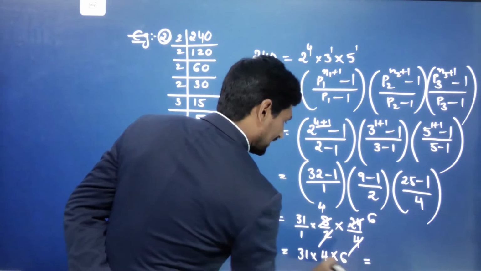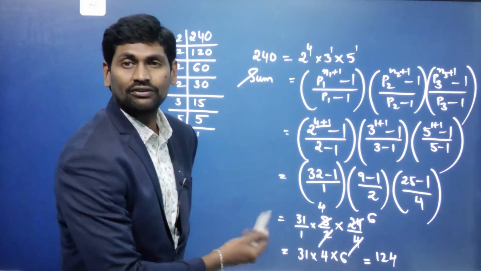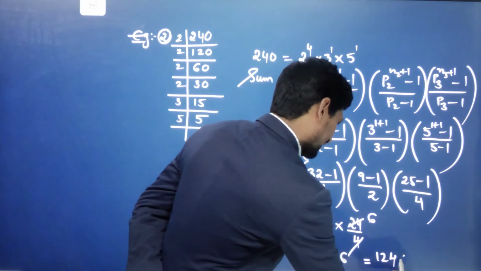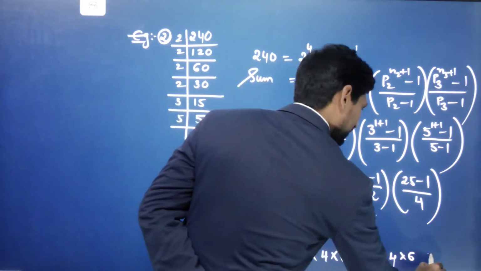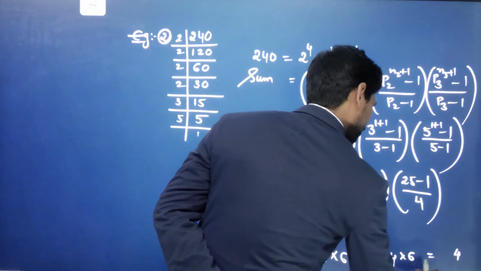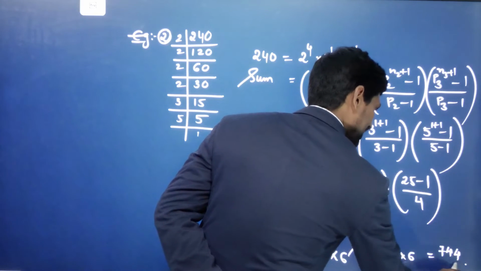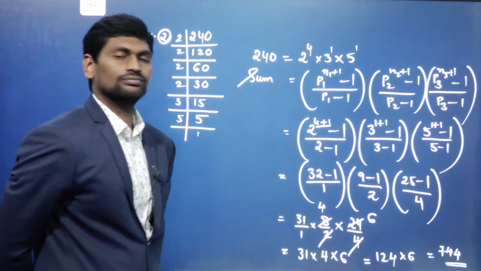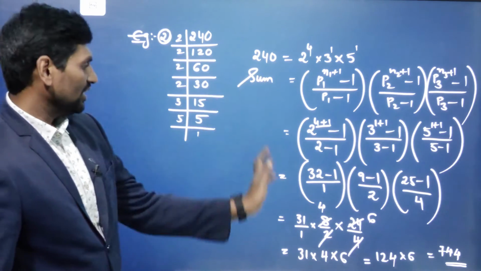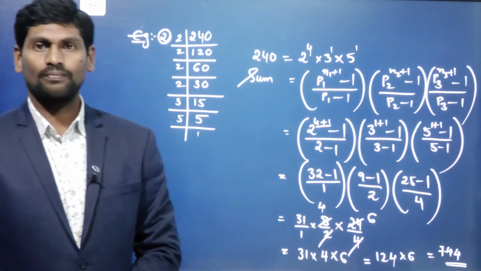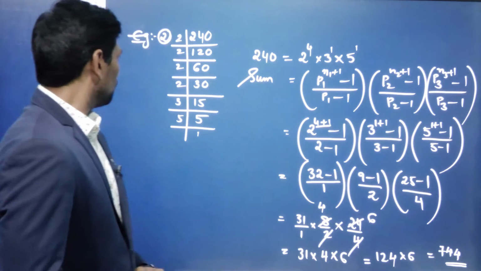Here 31 fours are 124. 124 into 6, now you multiply here. 6 4s are 24, 2. So the answer is 744. Sum of divisors of the number 240 is nothing but 744. Clear? Please check.